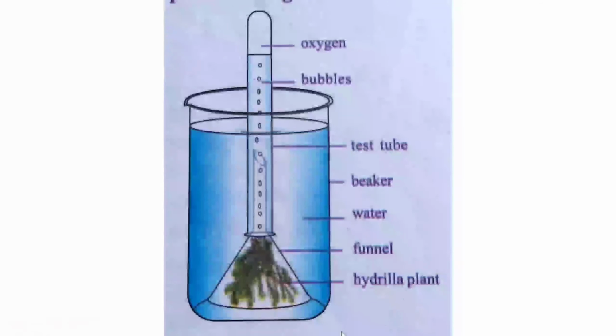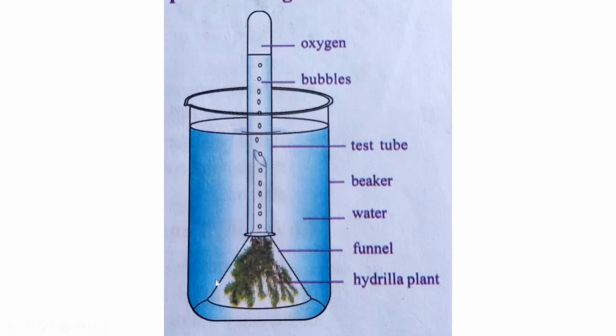Then the procedure: take a beaker and a funnel, take hydrilla plant twigs and keep them in the funnel. The twig edges should be inserted in the stem of the funnel. Then the hydrilla plant along with the funnel is inverted in the beaker.